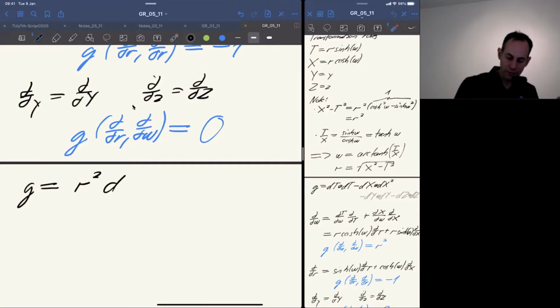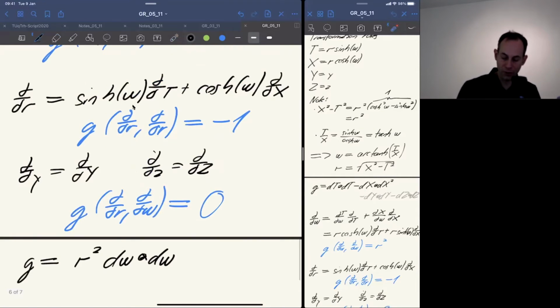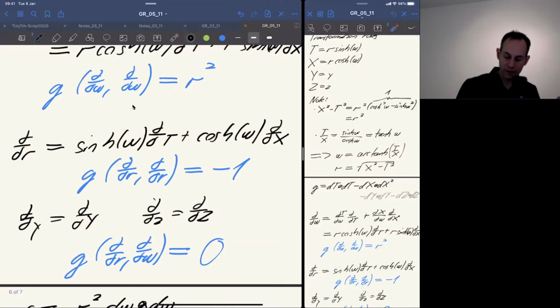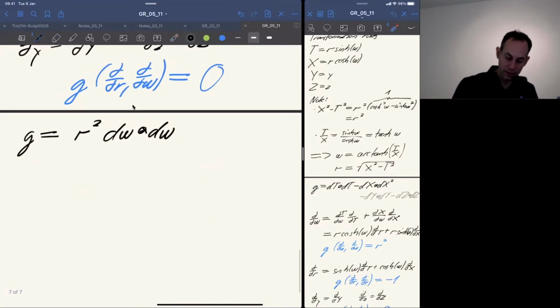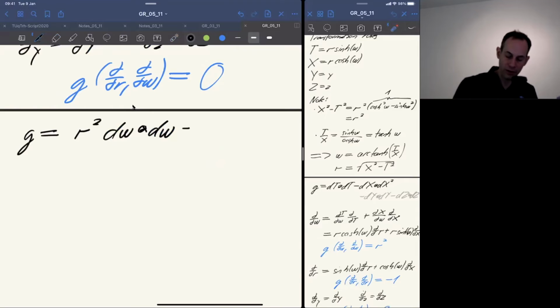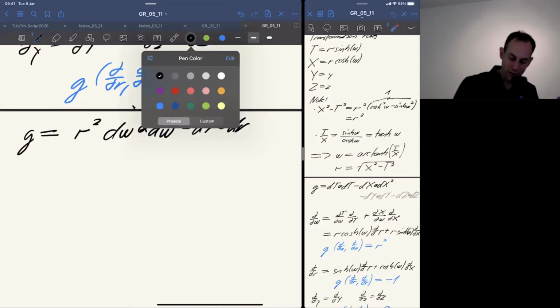So just rewriting what we have essentially found in a different way means that we have the metric being of this form in the first component, and in the r component it's of that form, so we just have a -1. And we have no cross terms, of course. So we have here dr tensor dr, and then let me for the last time again write it.